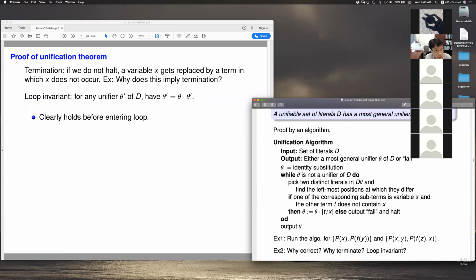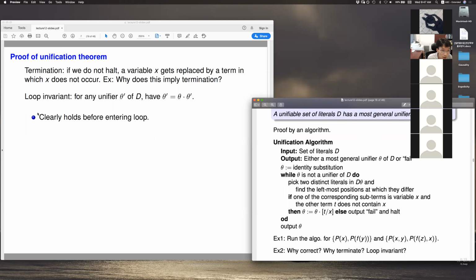So the loop invariant is this one. For any unifier, if it exists, if theta prime is a unifier, then it should satisfy the following property. Theta prime, same as theta, which is currently being updated by the algorithm. And then composing theta and theta prime diagrammatically gives the same thing as theta prime.